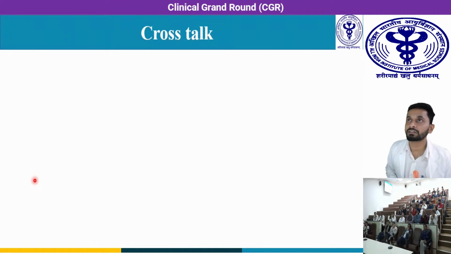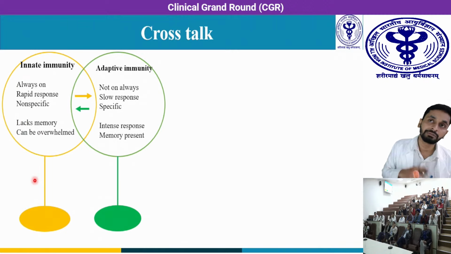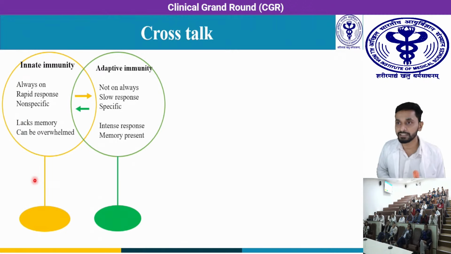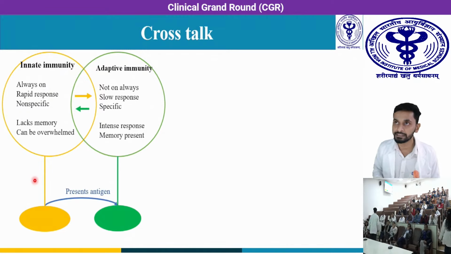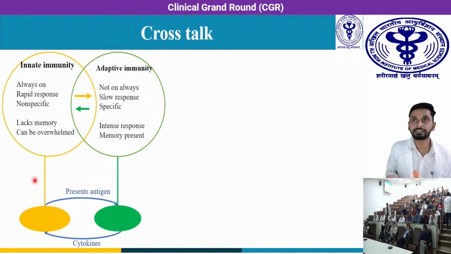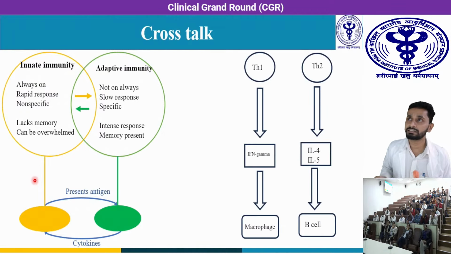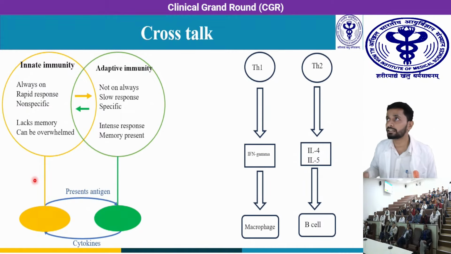There are 2 important crosstalks that happen in the immune system. One happens between innate immunity and adaptive immunity. Innate immunity communicates with adaptive immunity by presenting antigen, and adaptive immunity secretes cytokines, so there is bidirectional communication between them. Another crosstalk happens between Th1 and Th2.